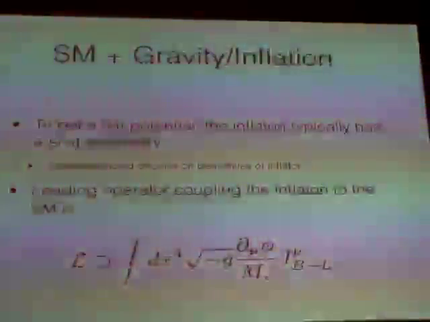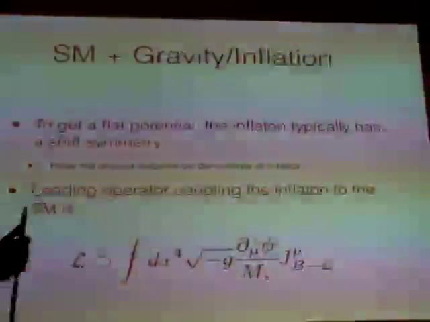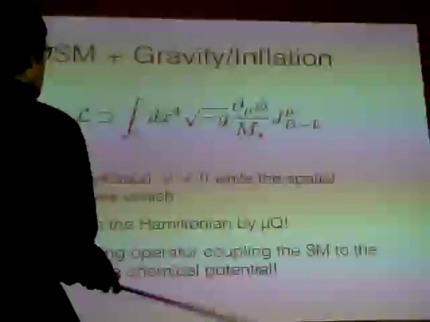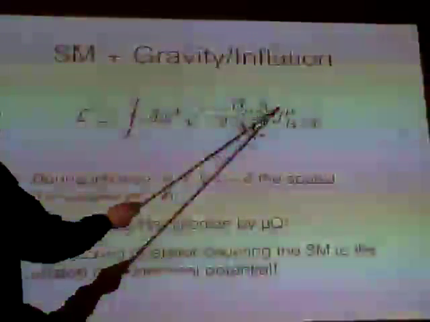And so then literally the very first coupling you can write connecting the inflaton to the standard model is the derivative of the inflaton coupled to some current, suppressed by some scale of inflation or whatever. So during inflation, what does this operator look like? Well, you'll notice that during inflation, phi dot is non-zero, which means that there's some operator here that's phi dot over M coupled to J0.